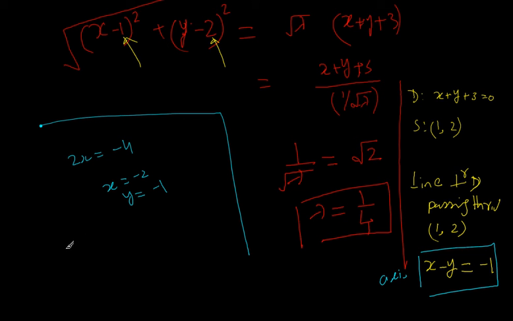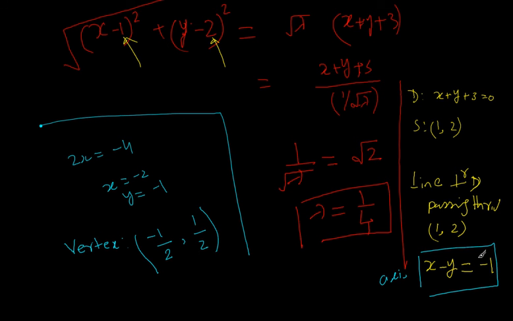So your vertex will be the midpoint of (1, 2) and (minus 2, minus 1), meaning (minus 1 by 2, 1 by 2). This is your vertex.